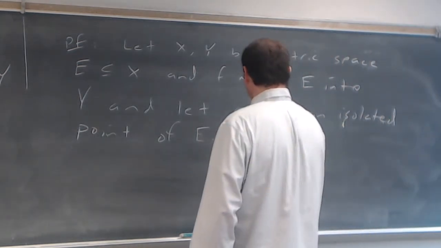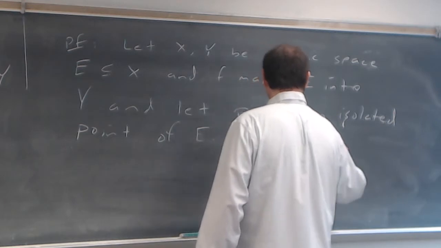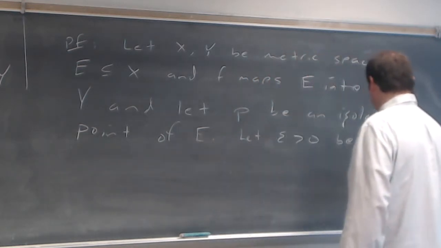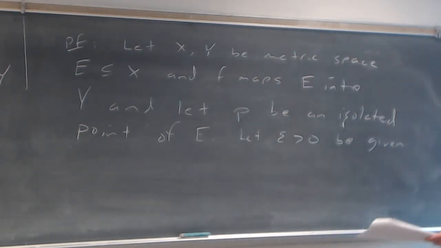So how do we do this? Well, we let epsilon be greater than 0 be given. What we're looking for is a delta.